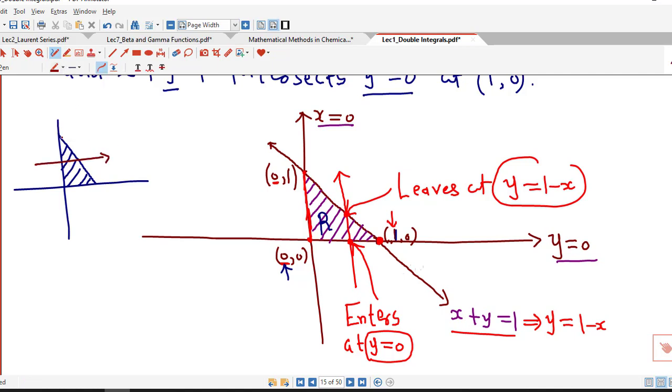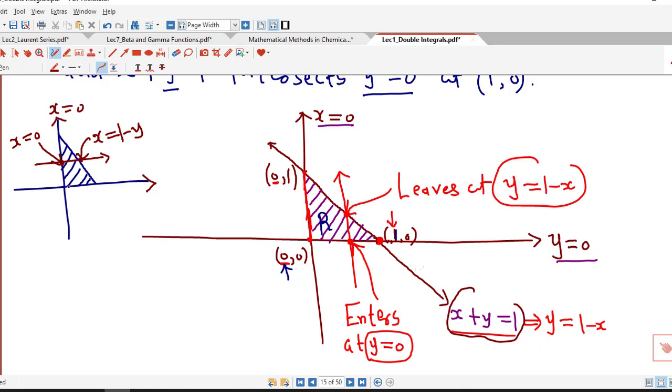Then we have to integrate first with respect to x. On this line, y becomes constant and x is changing. Now this point is on the y-axis, so at this point the value of x is 0. This point is on the line x plus y equal to 1, so here the limit of x is from 0 to x equal to 1 minus y.